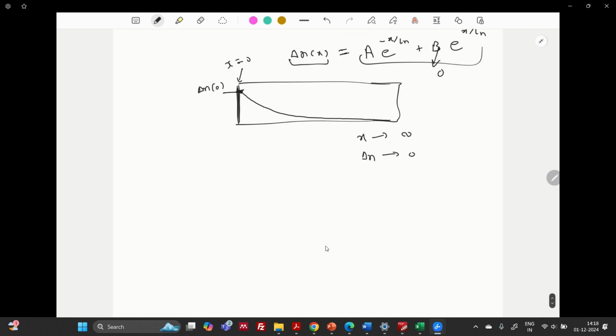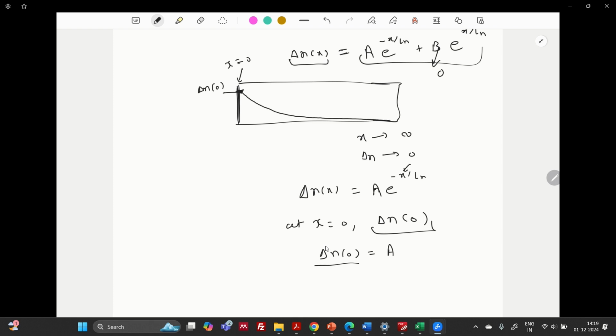Okay, so then we are left with delta n of x equals some a into e to the power minus x by Ln. And I know that at x equal to 0, my delta n is delta n 0. So delta n 0 will be equal to a, and putting x equal to 0 here, the exponential becomes equal to 1.